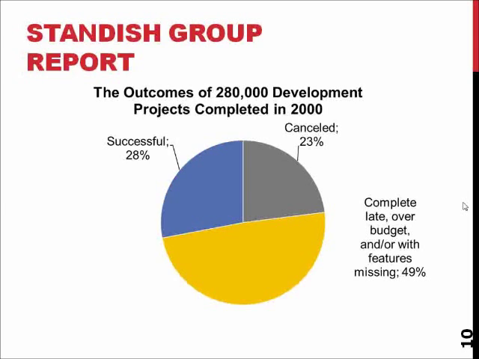Actually, it's almost the amount of cancelled projects. The projects which were, for any reason, thought that this won't work, we have to cancel this. It's almost the same. And the rest of these projects are completed late, they go over budget, or they are missing features.